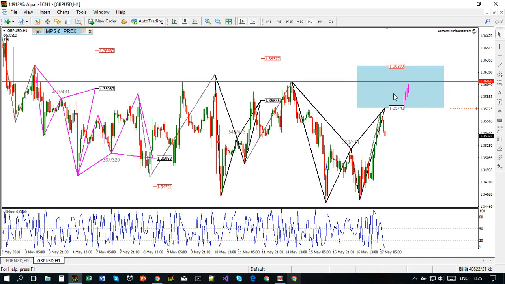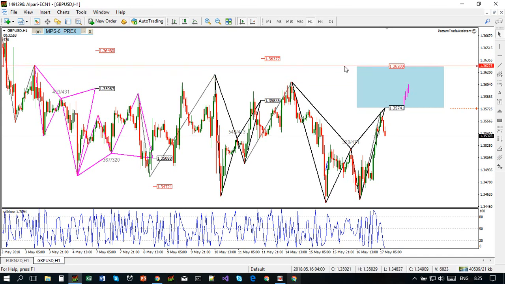And 53% of reversals happen earlier, 30% of reversals happen somewhere at this resistance, and only 16% of reversals happen past that X point. They happen closer to this stop loss.